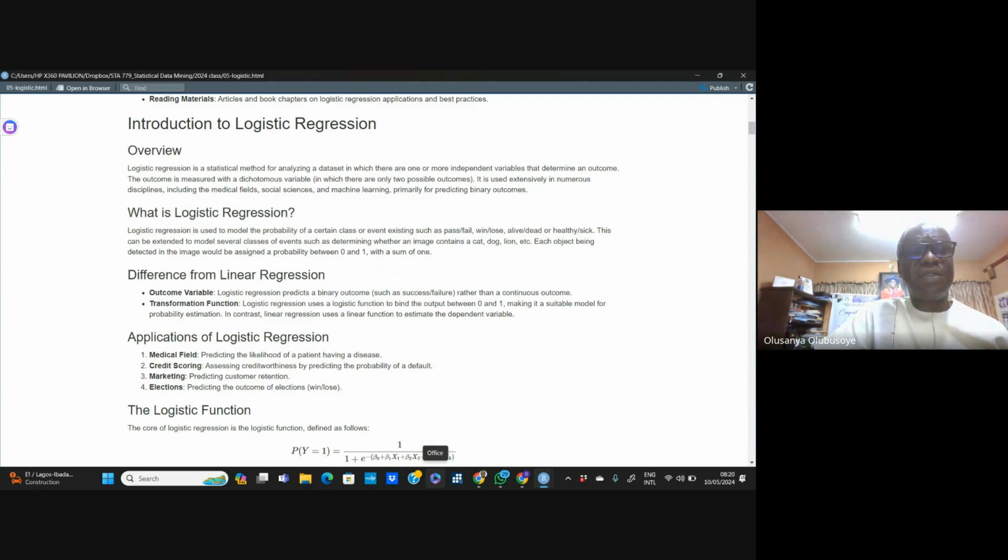I've talked about that. It is a regression that is basically used to model binary outcomes, such as pass or fail, win or lose, alive or dead, healthy or sick.